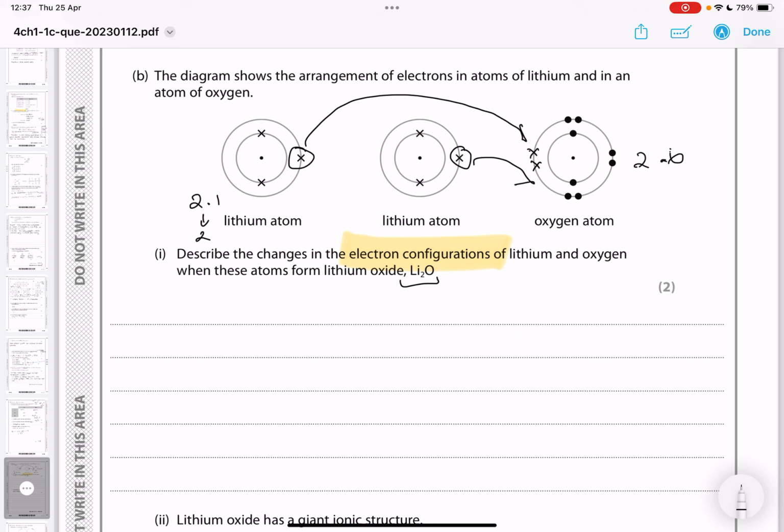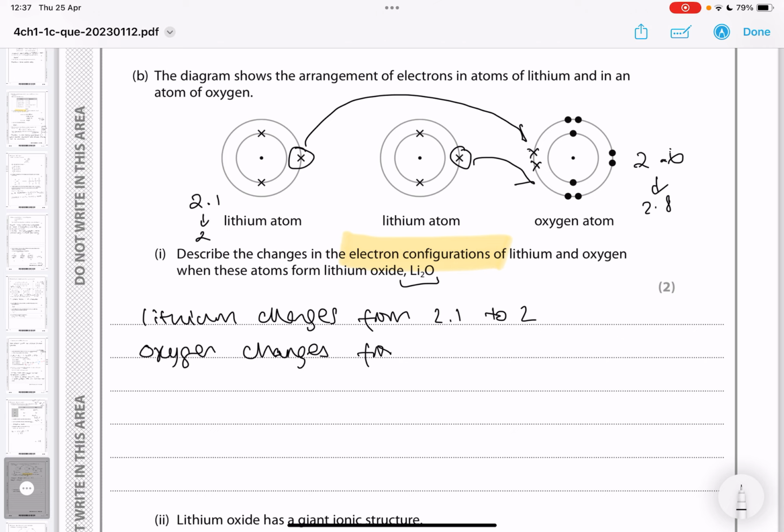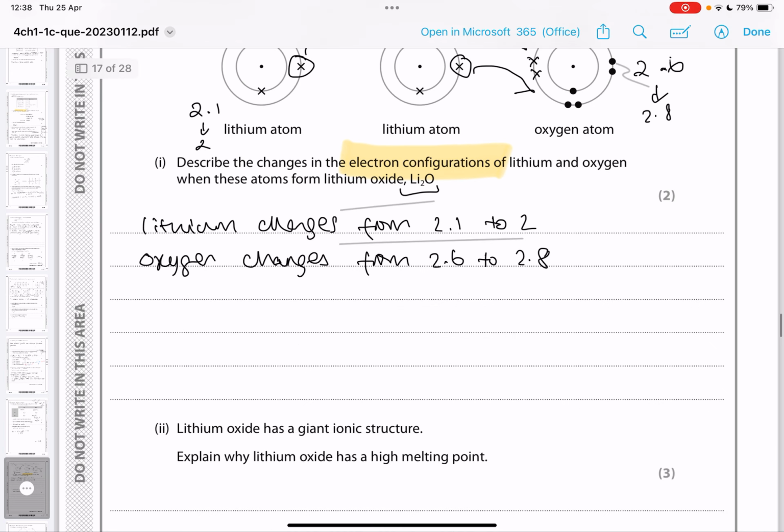And the oxygen atom gains 2 electrons, so it goes to 2.8. So let's just write that out. Lithium changes from 2.1 to 2, and oxygen changes from 2.6 to 2.8. Okay, it's gained those 2 electrons, one from each lithium atom.